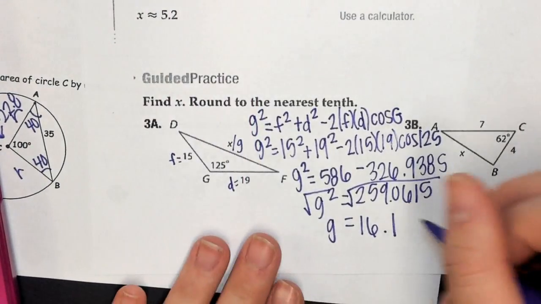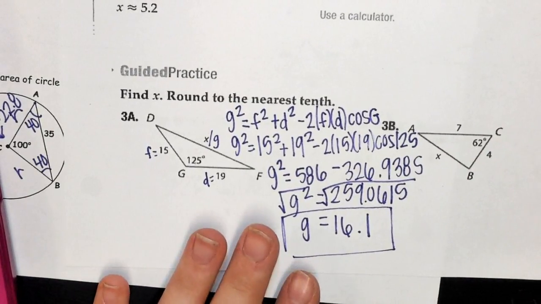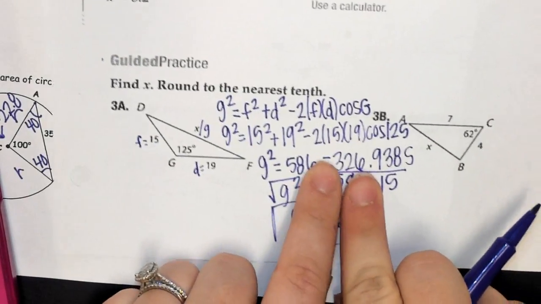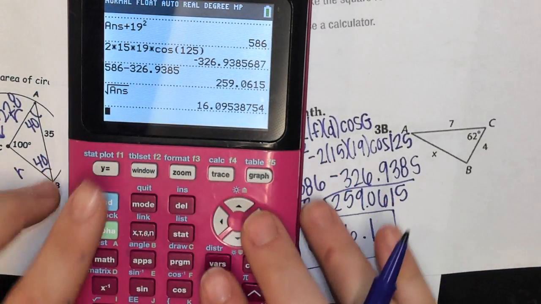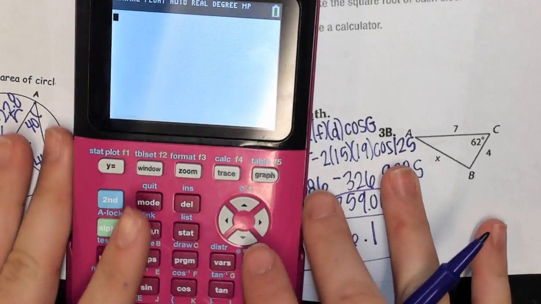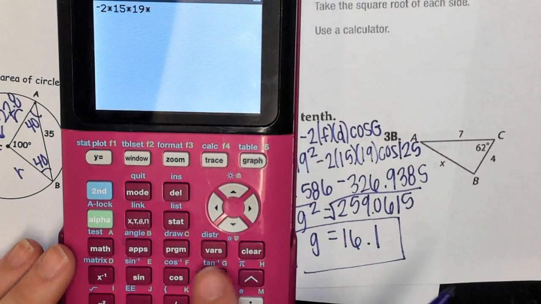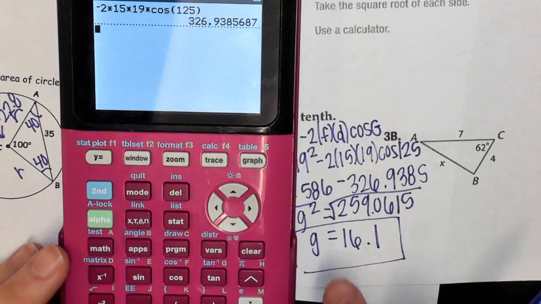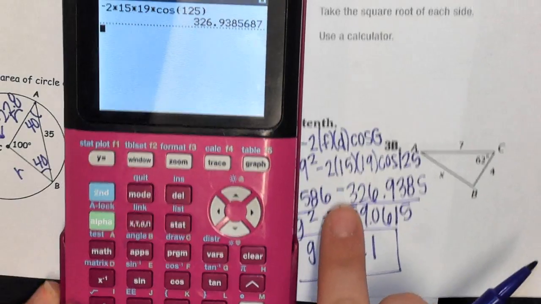Yes, Emma. I don't remember, did I plug -2 in? No, I didn't. So it would have been -2 times 15 times 19 times cosine of 125. No, you're right, though.